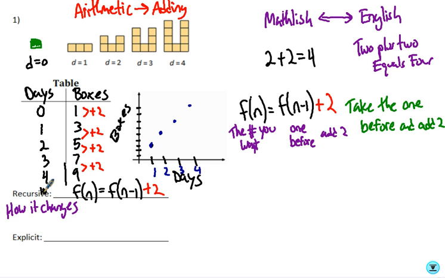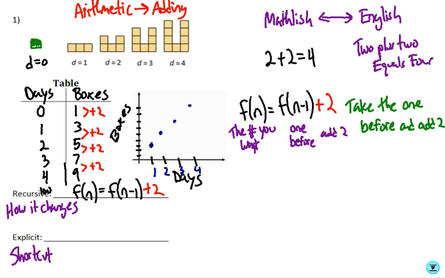Well, I don't know that I want to keep doing plus 2, plus 2, plus 2, plus 2 forever, right? It's too much work. So what I then want to know is, okay, well, what would be a shortcut? So that's what the explicit is. The explicit gives us the shortcut. See, the recursive doesn't really give us a shortcut. It just basically says how it's changing. The explicit actually gives us the shortcut.